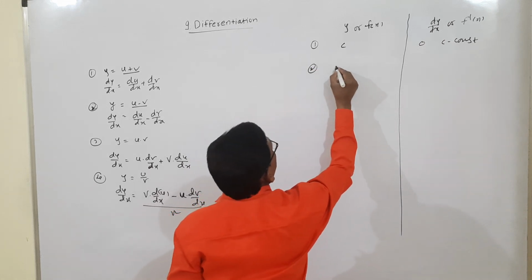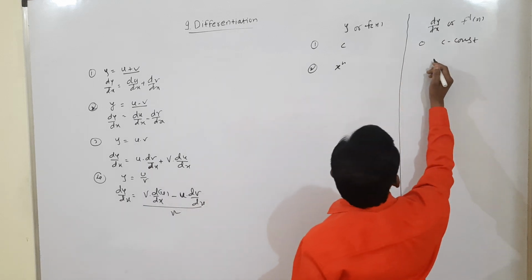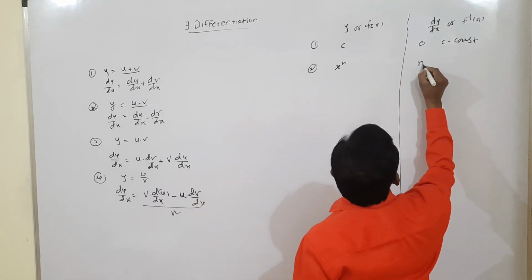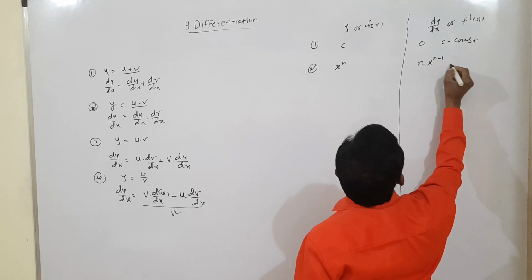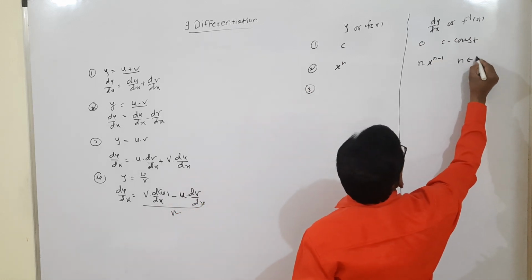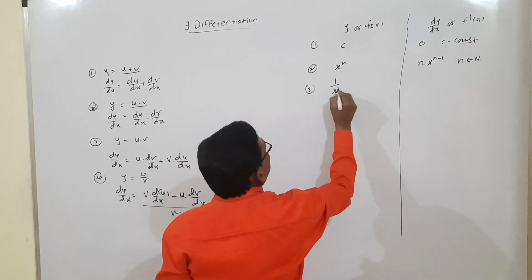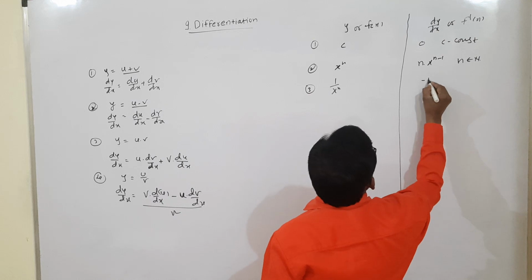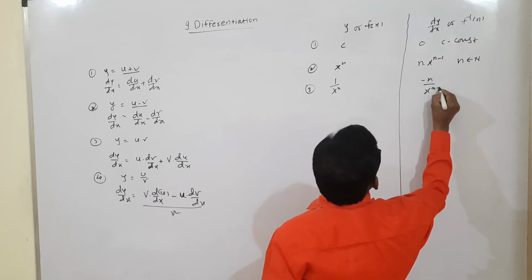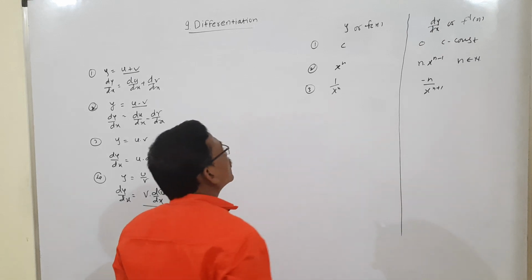The second function, x raised to the power n: its derivative is n into x raised to n minus 1. Third, where n belongs to the natural numbers, 1 by x raised to n, its derivative is minus n upon x raised to n plus 1.